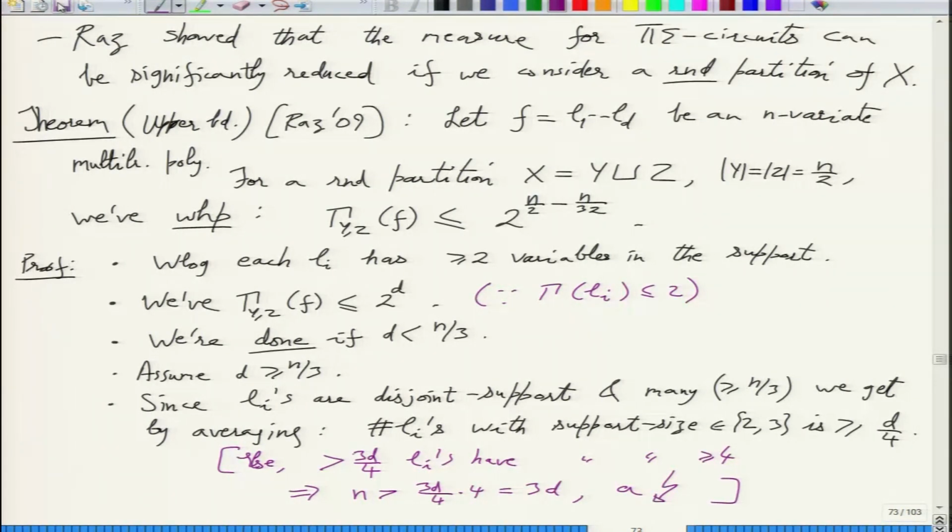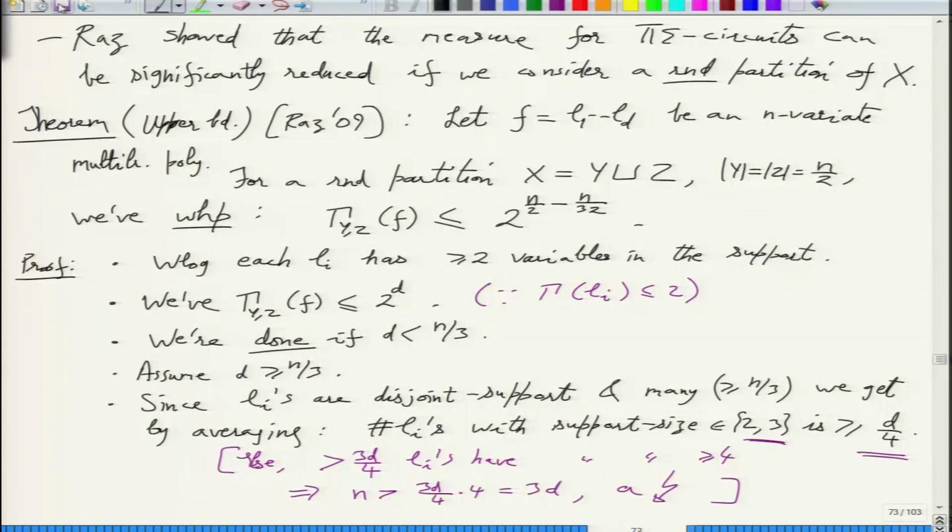Yeah, so since the Li's are many and they are disjoint, they cannot each have many variables, right? So in other words, many of the Li's have minimum support possible, which is 2. So for 2 and 3, we get this quantitative estimate of D by 4.